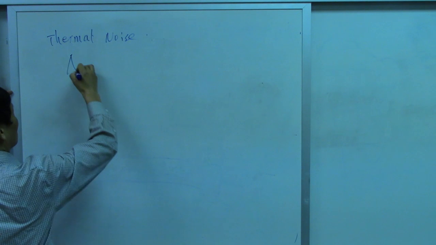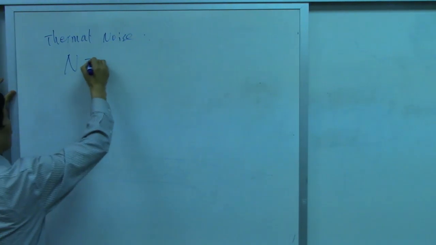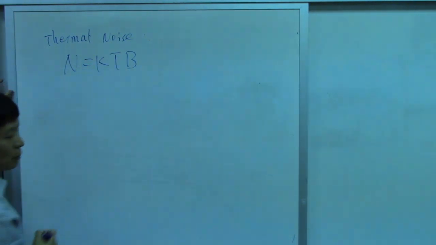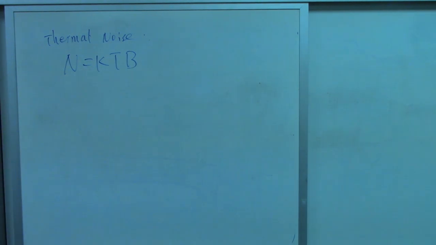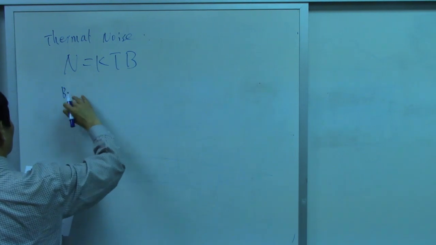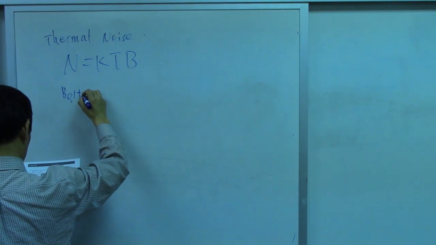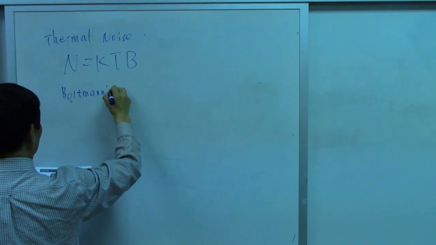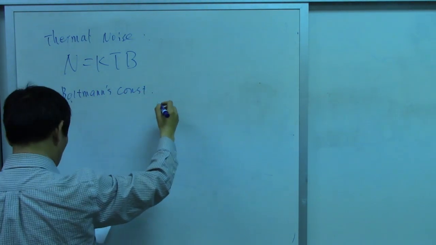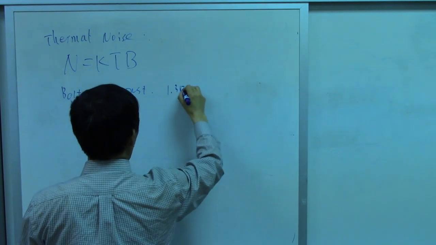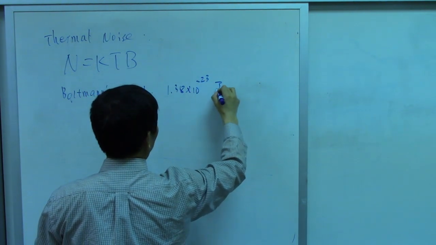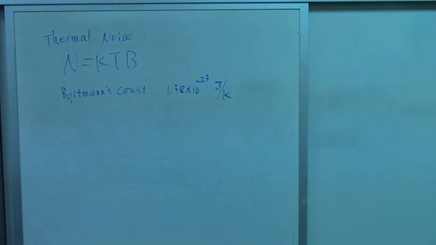The thermal noise power is represented by N equals K times T times B. K is the Boltzmann constant, and this constant equals 1.38 times 10 to the negative 23 joules per K. T is the absolute temperature in unit of Kelvin, not in Fahrenheit, not in Celsius, it's Kelvin.